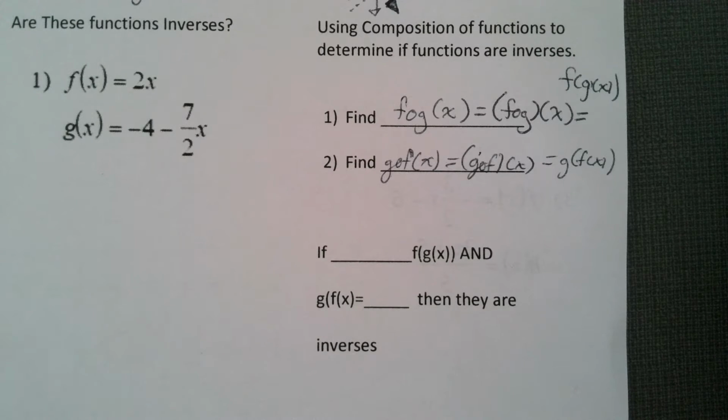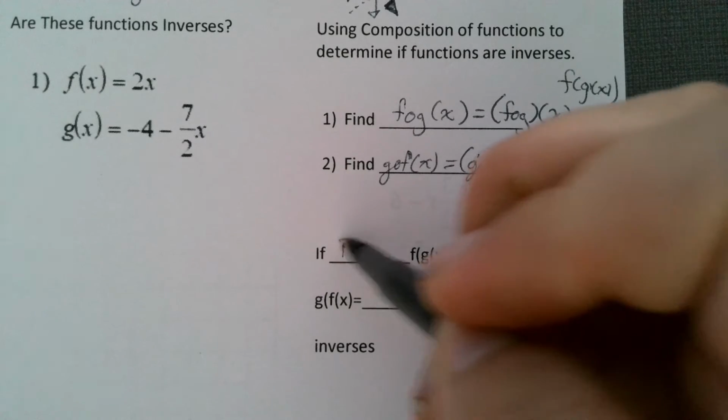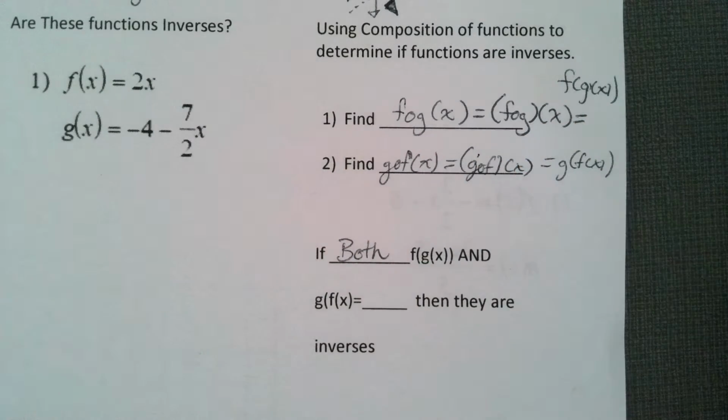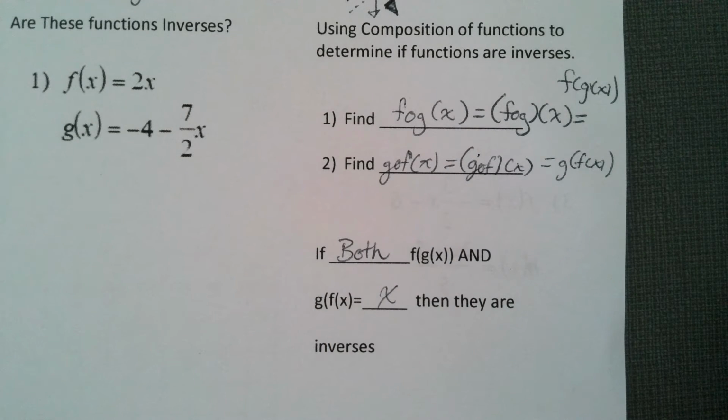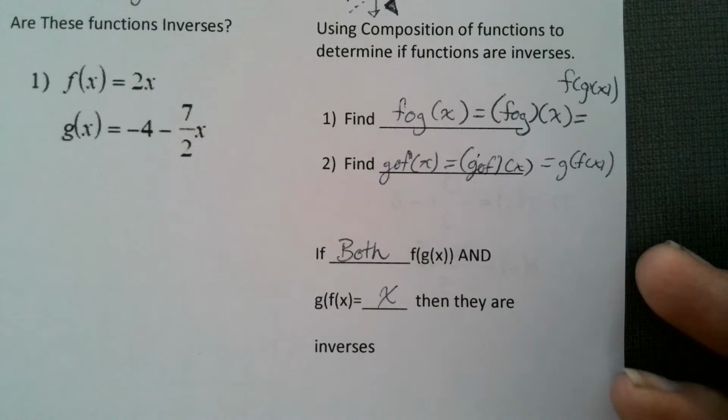All right. What we're looking for is it has to work in both directions. So if both F and G both equal the X when you do your composition, they're inverses.